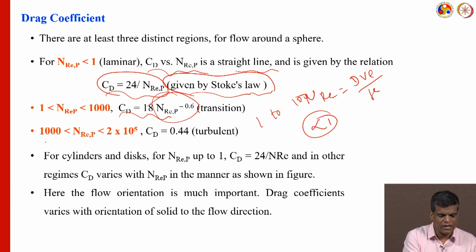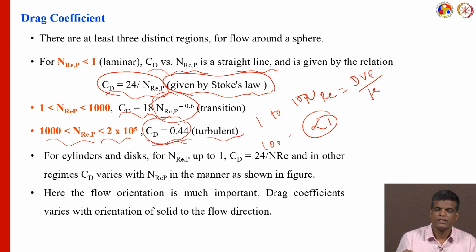If the Reynolds number is from 1000 to 2 into 10 power 5, it is the turbulent region, where CD is 0.44, independent of Reynolds number. That means as the Reynolds number increases, the drag coefficient is no longer a function of Reynolds number.